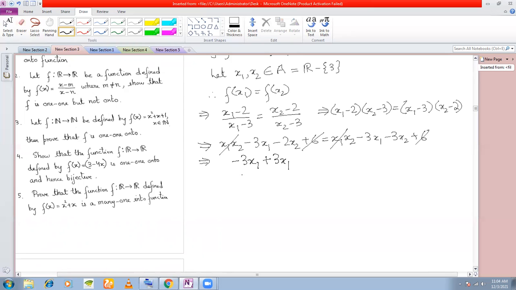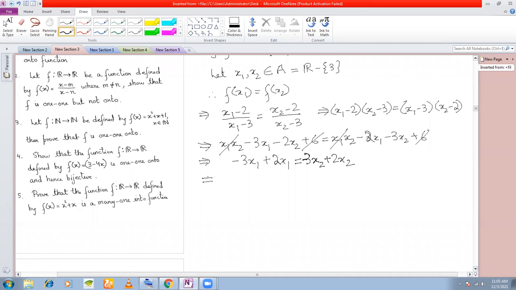So you have minus 3x1 plus 2x1 is equal to, now I keep x2 on the other side, minus 3x2 plus 2x2.